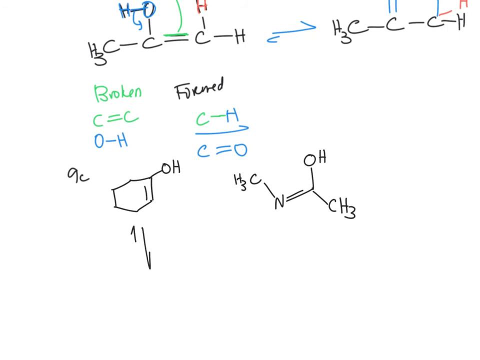When you see the enol, it's like a new functional group, so you want to be able to recognize it. And anytime you see an enol, you need to realize that it tautomerizes, because that's what enols do. All right, so here is an enol. You have to recognize that you have an ene, the carbon-carbon double bond, and you have an OH, which is the ol. So here's our enol.